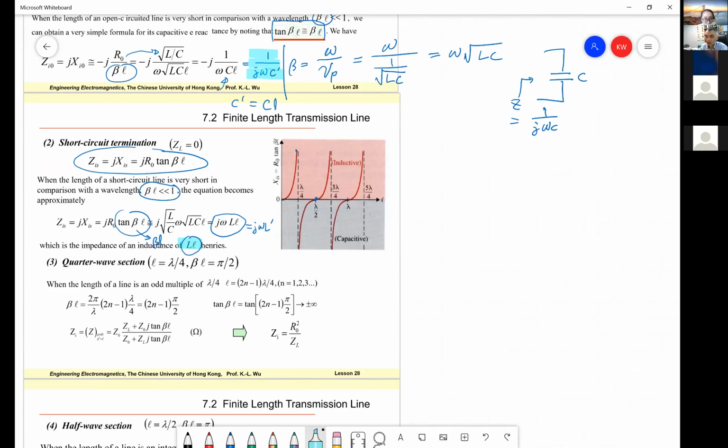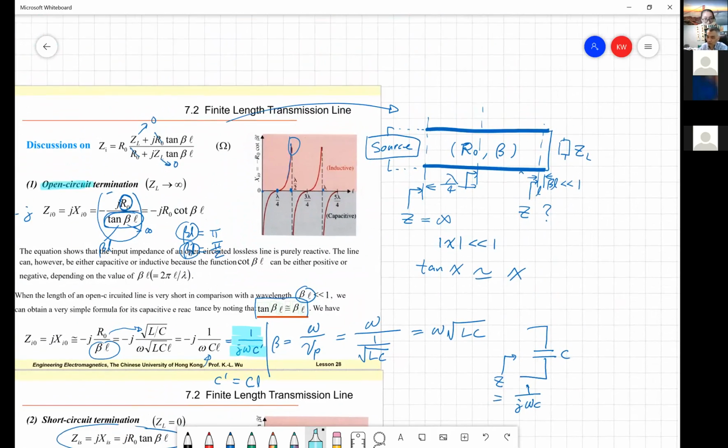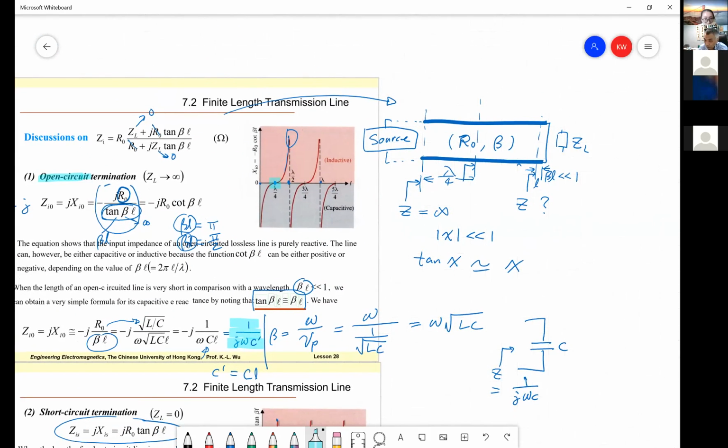Interesting things. Let's look at this diagram. From this diagram, we can see from short circuit to open circuit, how long it takes: quarter wavelength.